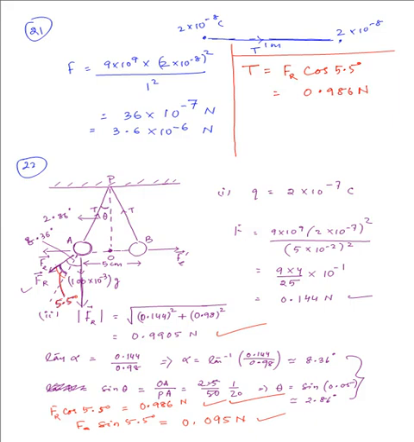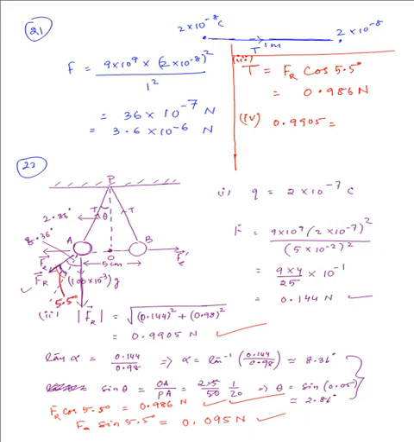And finally we wish to obtain the acceleration now. So this was the third bit, and the fourth bit is to find the acceleration of either of the given masses. Because the resultant force is 0.9905, and that is equal to the mass times the acceleration.